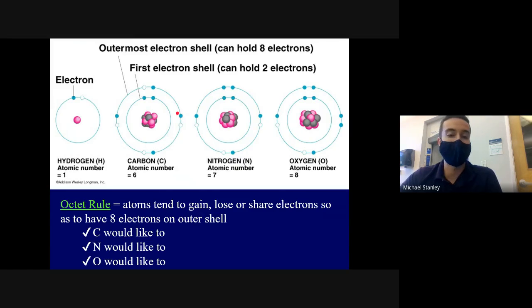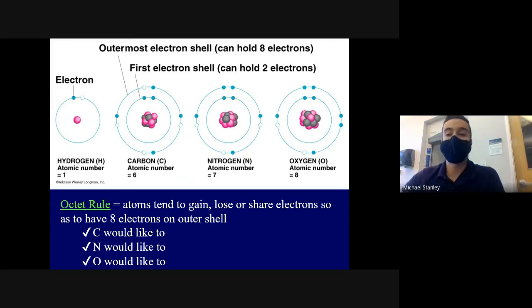So carbon's got 4 valence electrons. Nitrogen has 1, 2, 3, 4, 5 valence electrons. And oxygen has 1, 2, 3, 4, 5, 6 valence electrons. So valence electrons, first major important term to remember.